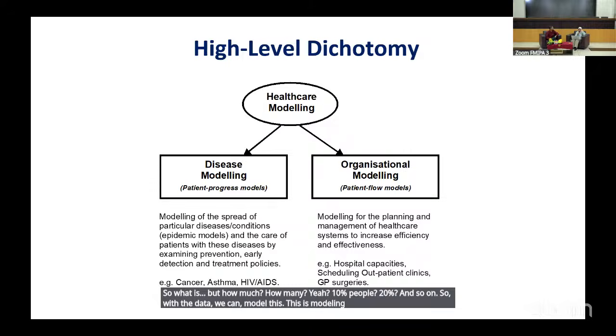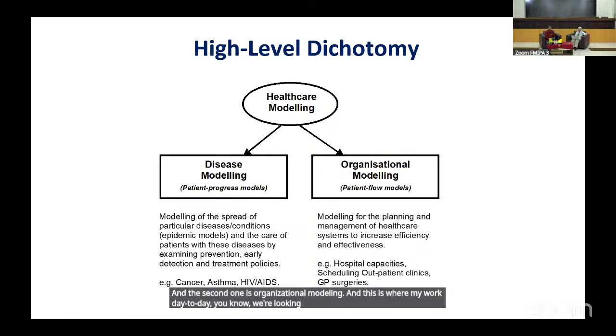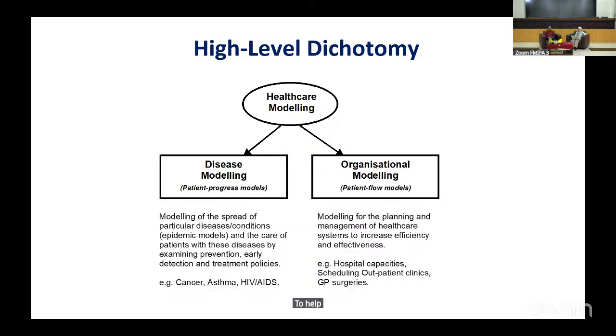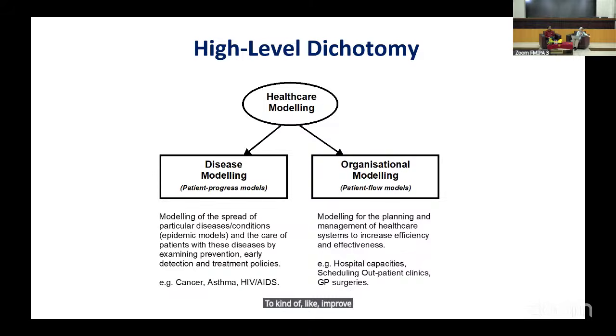And the second one is organizational modeling. This is where my work is day to day. We're helping with the planning of resources, to do what? To help increase efficiency and effectiveness. And another thing, which is crucial, is to improve the equality and accessibility of healthcare.